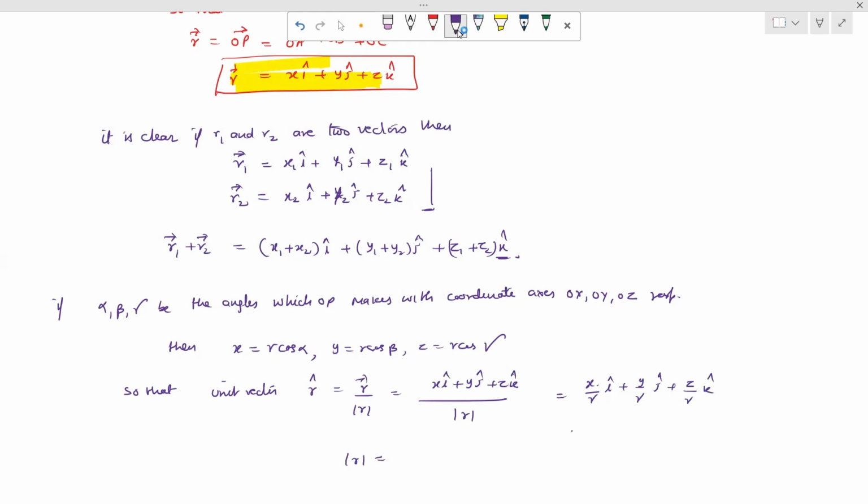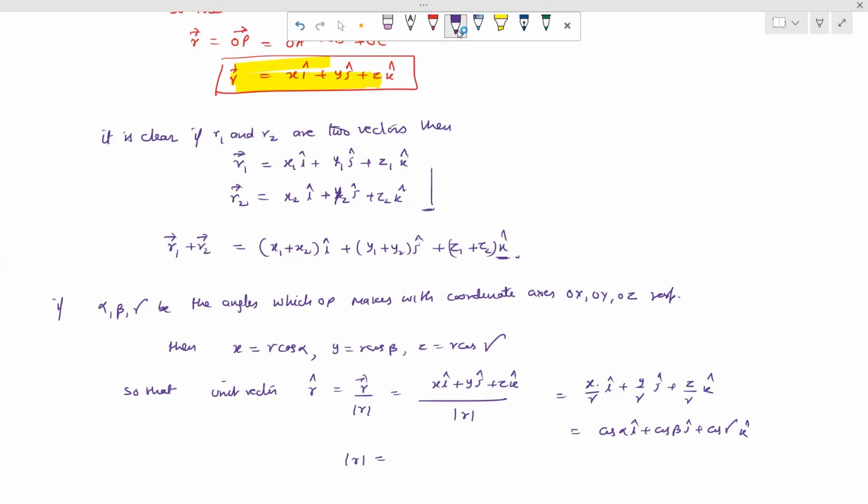Since x is equal to R cos alpha, this will be cos alpha into vector i, cos beta into vector j, and cos gamma into vector k.